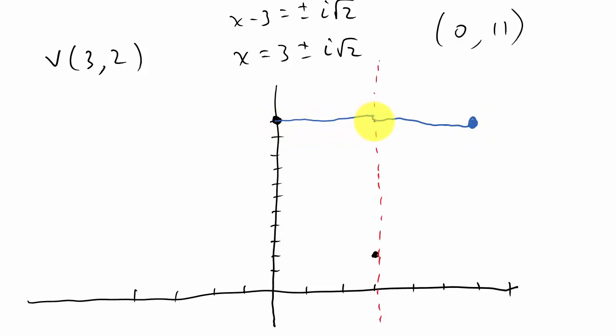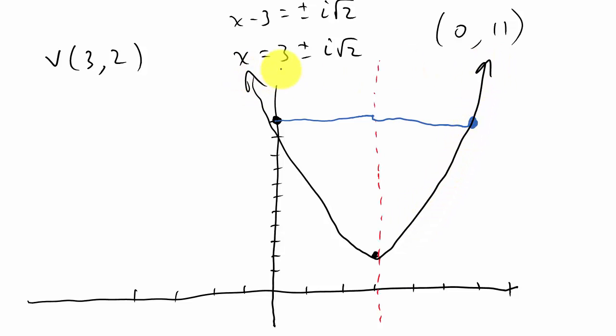If this point's 3 units, the point straight across is 3 units also. 1, 2, 3. Okay, and then you draw your parabola, and that's how you graph them when they're in that standard form.